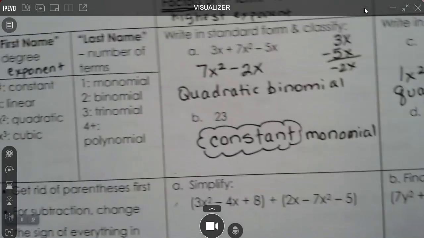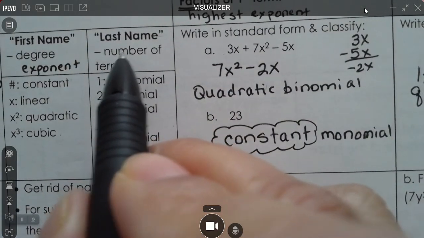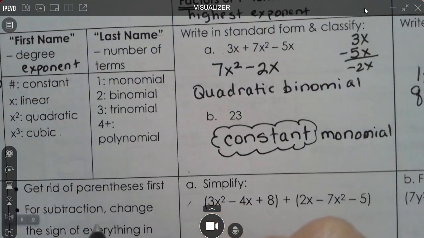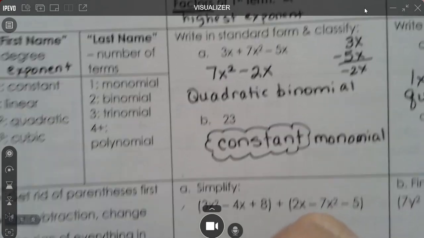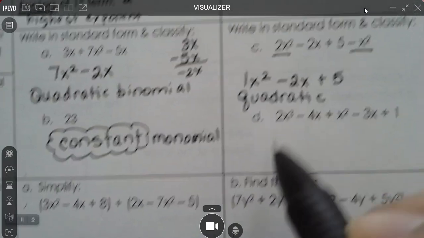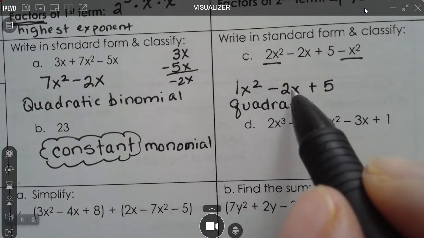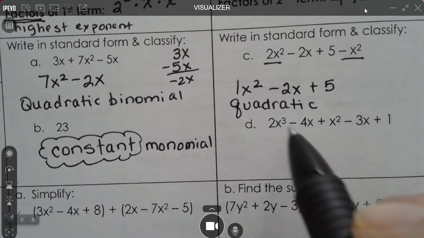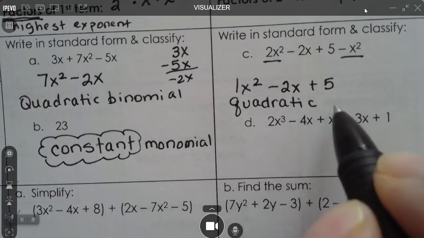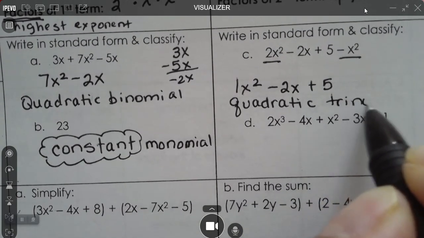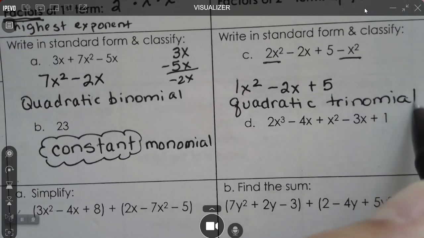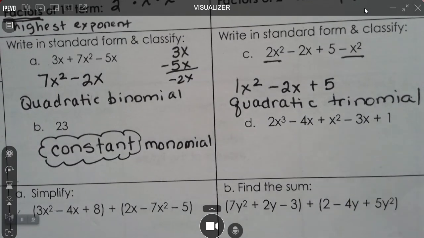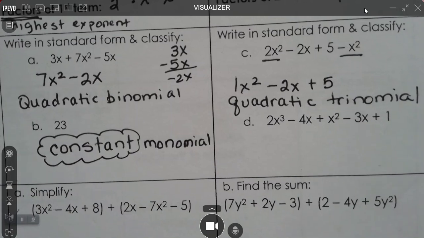And then the second part of the name comes from the number of terms, right? How many terms do you have and what is its name? Yes, we have 3 terms. And so it would be a trinomial, correct. Review, review, review, okay?